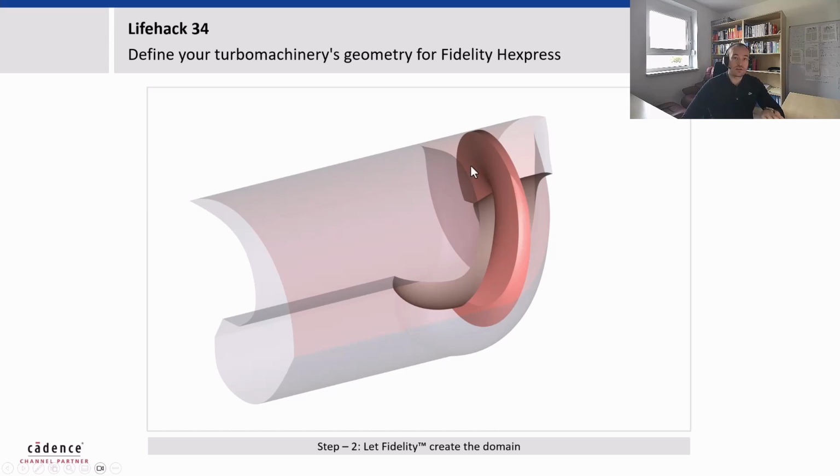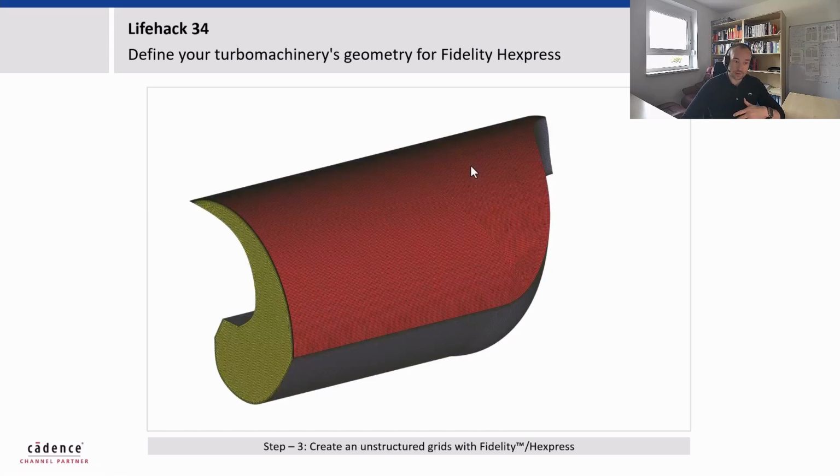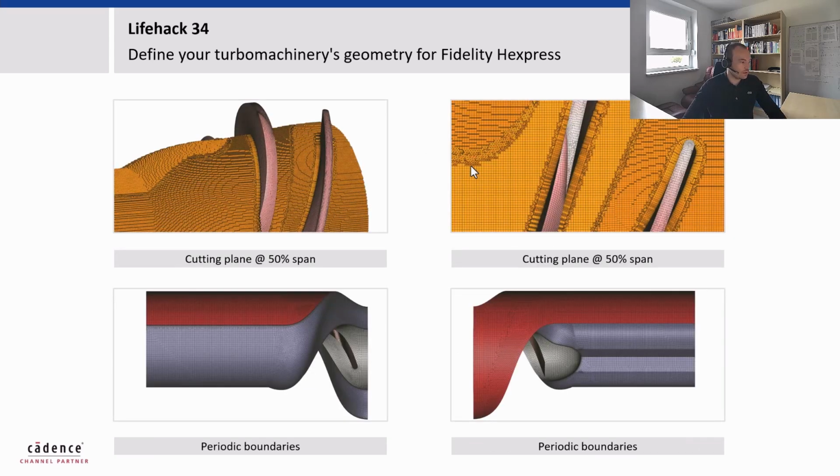You can take this domain to Hexpress and run either a surface to volume mesh or a volume to surface mesh, whatever you prefer. Then you can run the mesh in Hexpress and you should end up with a nice grid. And I show you some images of the demonstrator that I used for this Lifehack.